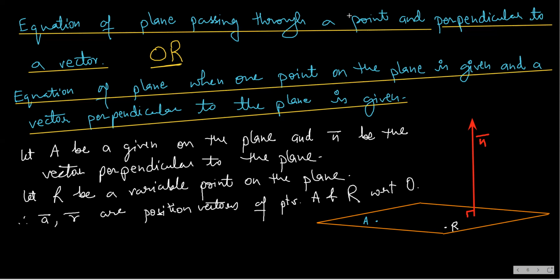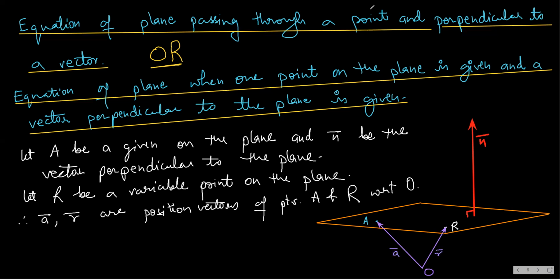It is not required to draw it, but in case you want, you can go for it, no issue. I would suggest you not to draw these vectors, OA bar and OR bar. It's okay if you don't draw it.